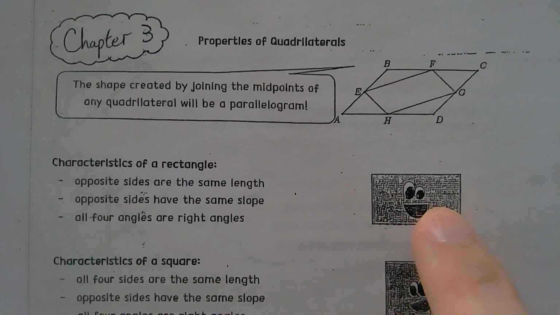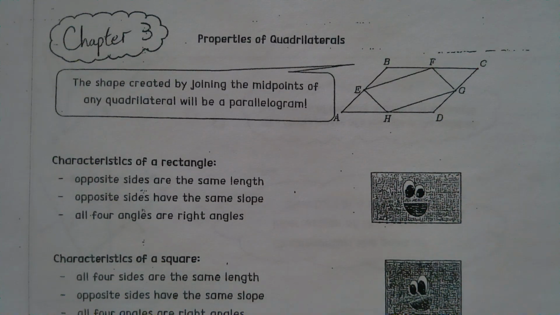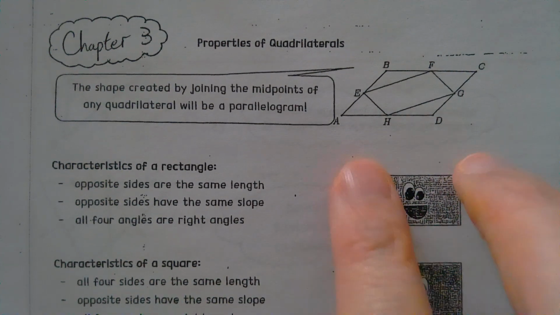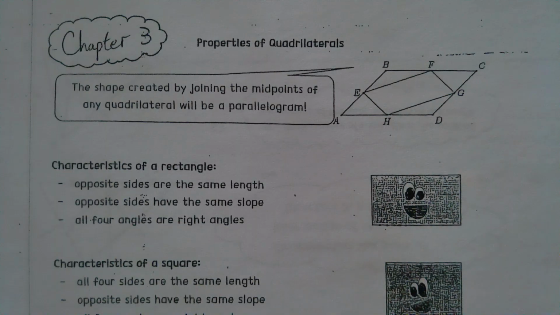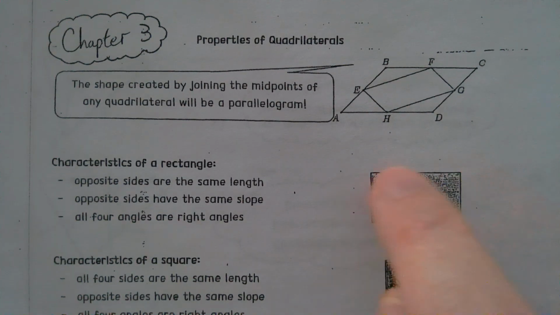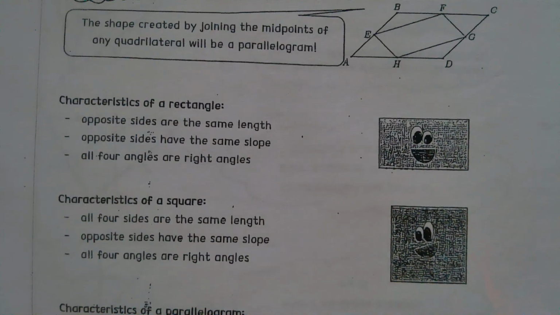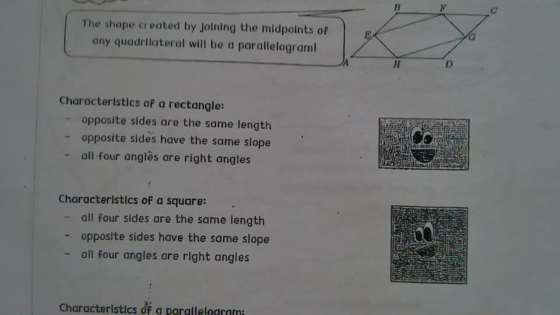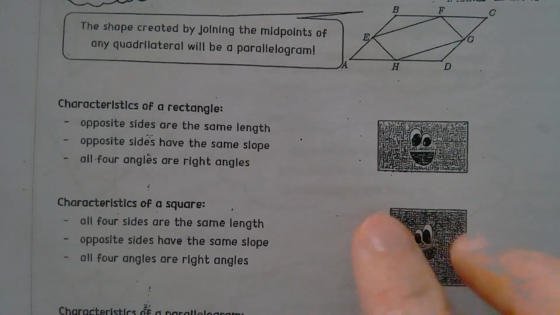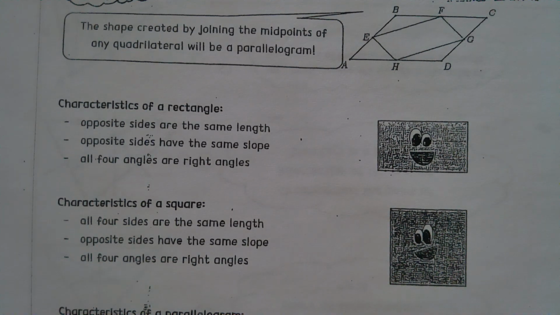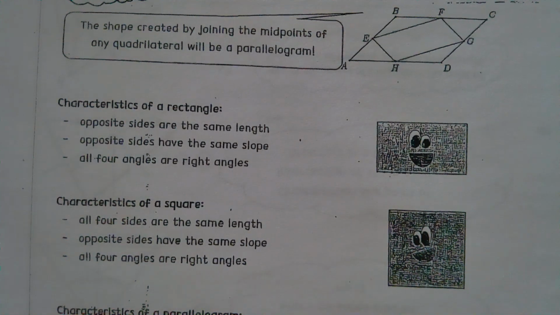So for example, how do you define a rectangle? It has parallel sides, and it has 90-degree angles. A square has all 4 sides equal, the same length, same slope. Is a square a rectangle?